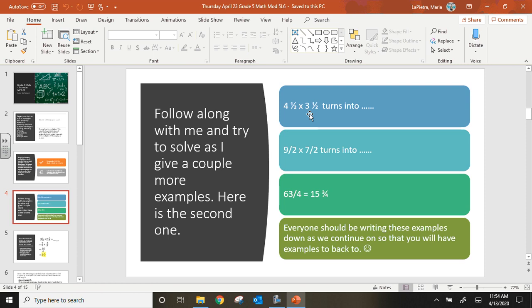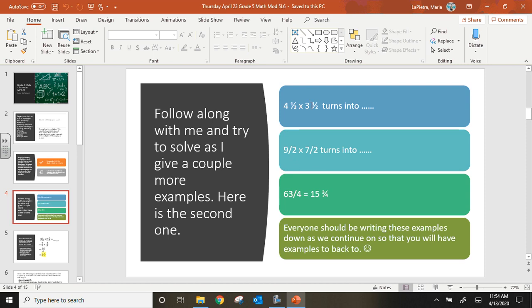We discussed how to change a mixed number into an improper fraction. So 4 1/2 turns into 9/2. 4 times 2 is 8, plus the 1 on the top will give you the 9, and it always goes over the same denominator, 9/2.